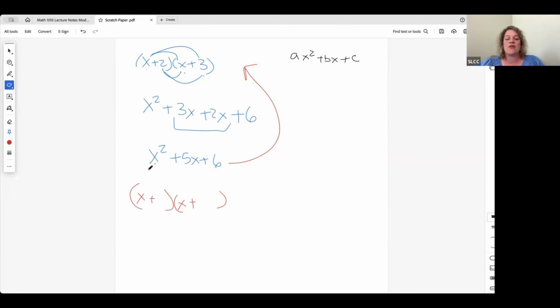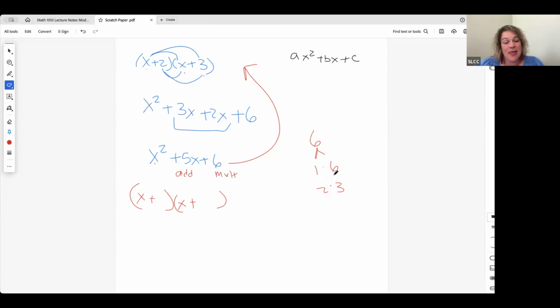All right, now that we've figured out our signs, we've got to think about two numbers that multiply to give us the c value and add to give us the b value, because we know that's where it came from. We multiplied to get the c and we added to get b. All right, I can start by taking all the multiples of 6, so 1 times 6 and 2 times 3.